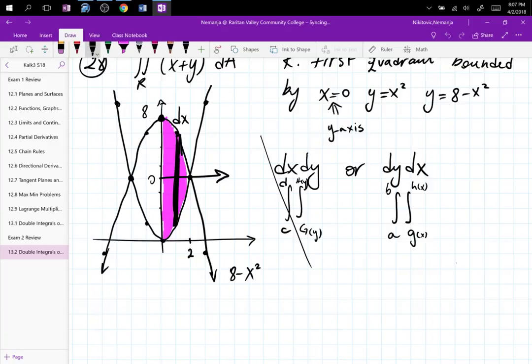So I'm eliminating this one for a few reasons. First, my functions are not in terms of y, and also I see that dx works just fine. Swiping from left to right, the top of the rectangle always swipes one function, and the bottom also swipes one but a different function.